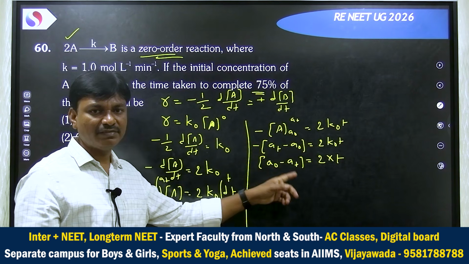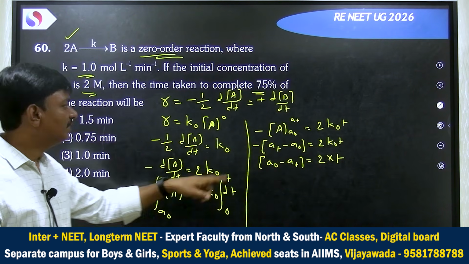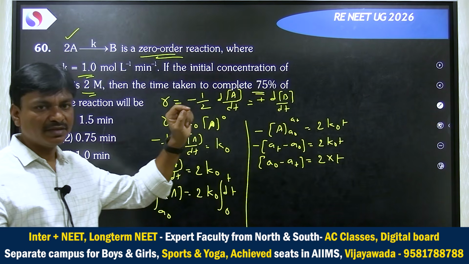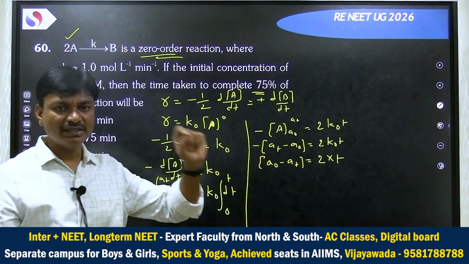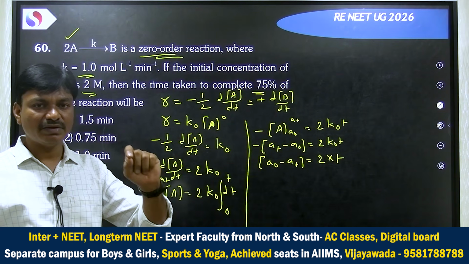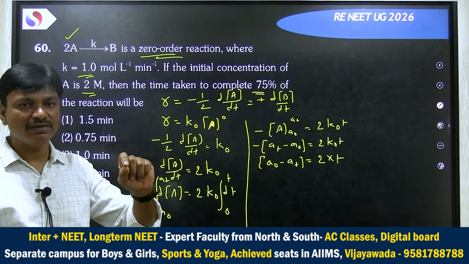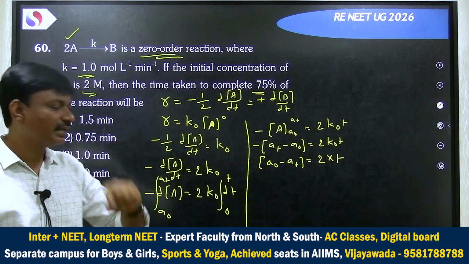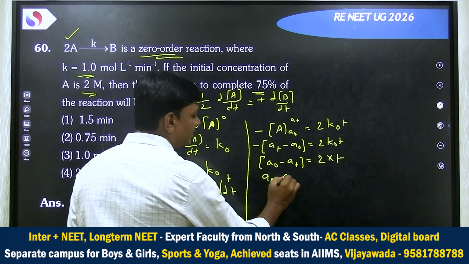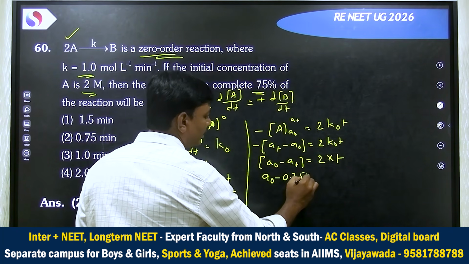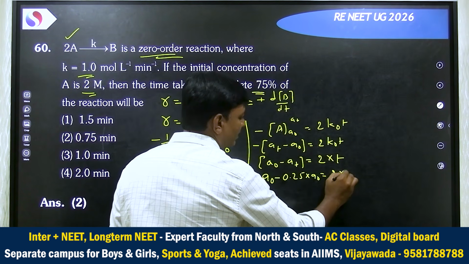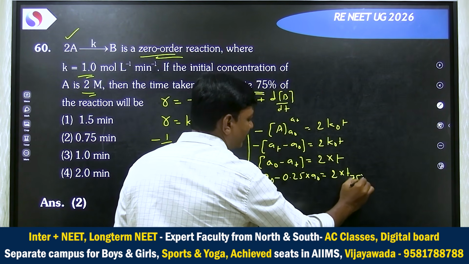At means the concentration of reactant after some time. Here we have to calculate the 75% completion time. 75% completion time means the remaining concentration of the reactant will be 25%. 25% means 0.25 of the initial concentration of the reactant. That's why here A naught minus 0.25 into A naught is equal to 2 into the time taken for 75% completion.